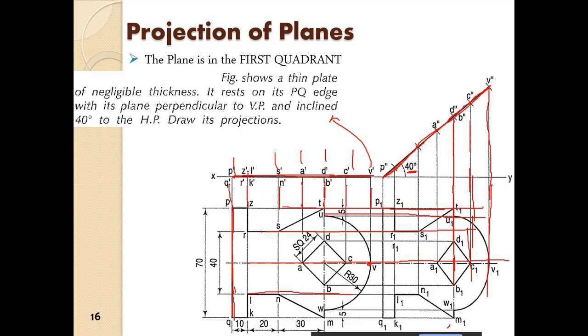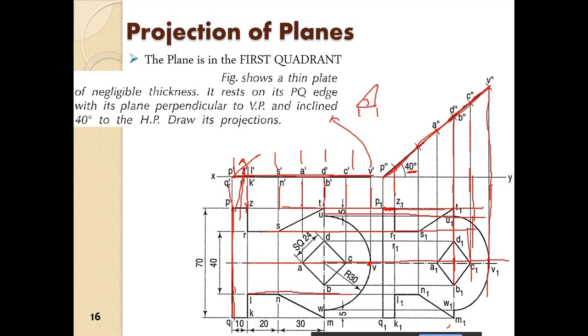So P Z was rotated 40 degree and it was projected down. So here you see the PZ length P1Z1 is actually, so this is 40 degree. Alright, so it is actually cos of 40 degrees.